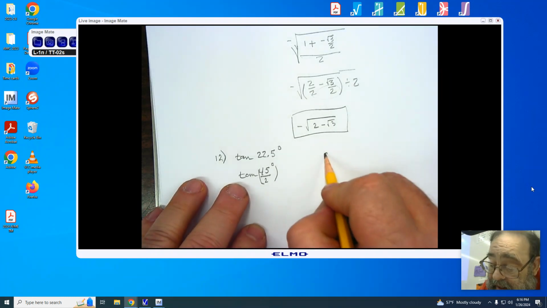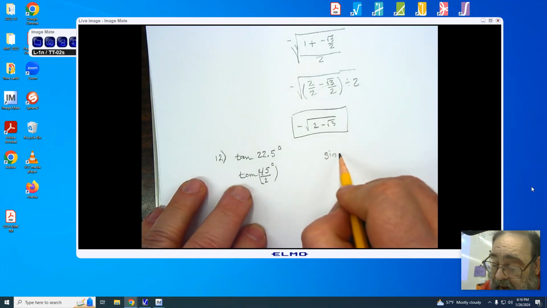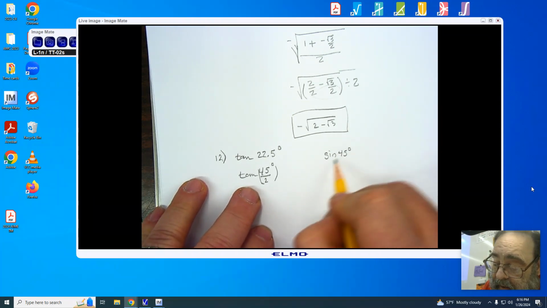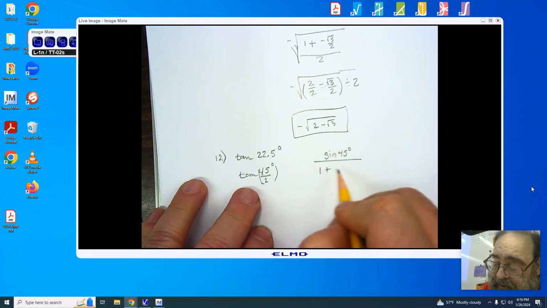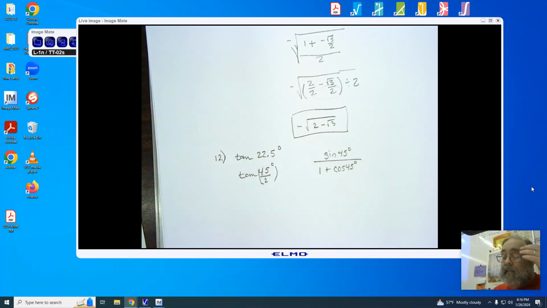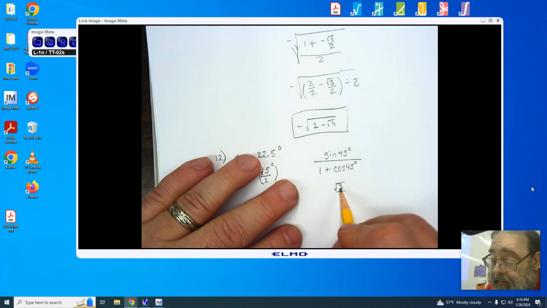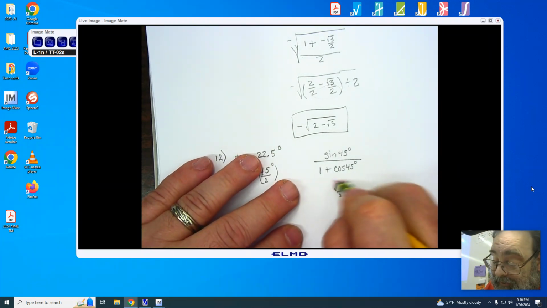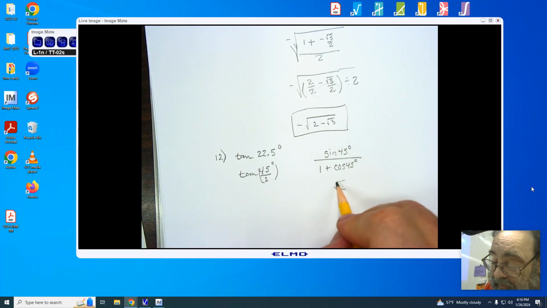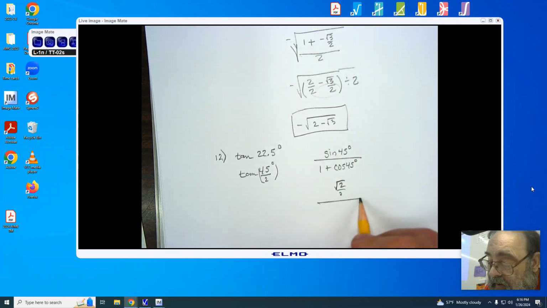I once again like the sine of our 45 degrees divided by 1 plus the cosine of 45 degrees. Putting it together, I get root 2 over 2, whew, getting tired, people, root 2 over 2 divided by 1 plus root 2 over 2.